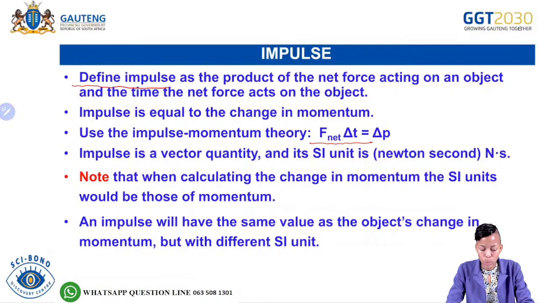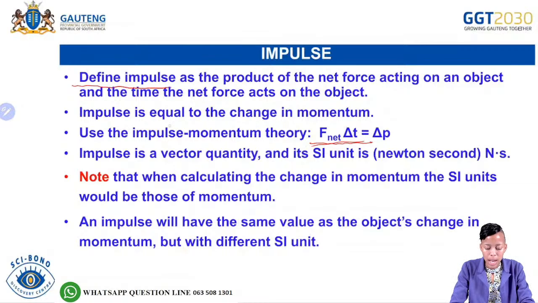So again, product means that it has to do with multiplication. So right now it's the multiplication of the net force and the what? And the time the net force is acting on the object. That is impulse. So impulse is given by F net, change in time.